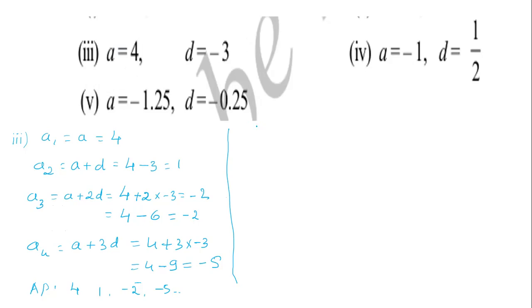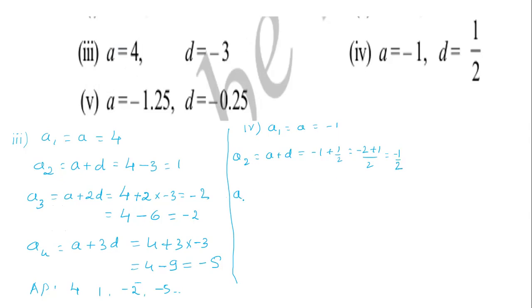Next, fourth one. A1 is equal to A is equal to minus 1, A2 is equal to A plus D, D here is 1 by 2, minus 1 plus 1 by 2, this is minus 1 by 2.